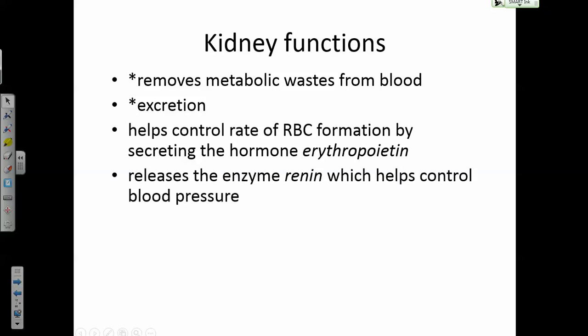And then the kidneys produce an enzyme. I'm not going to really dwell on it as far as your test is concerned. I am going to discuss it with you as we go through the kidney chapter. It's a pretty big deal with your health, but it's called renin. And it causes a cascade of reactions to occur in your blood that ultimately affects the diameter of some of your blood vessels, which in essence controls your blood pressure.